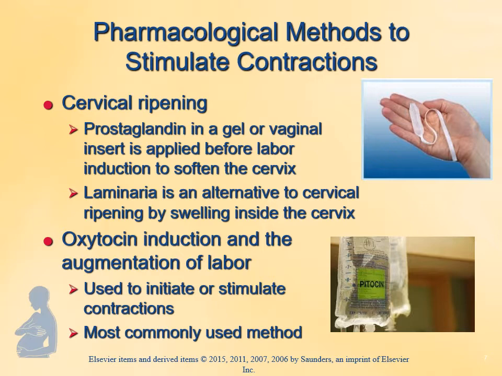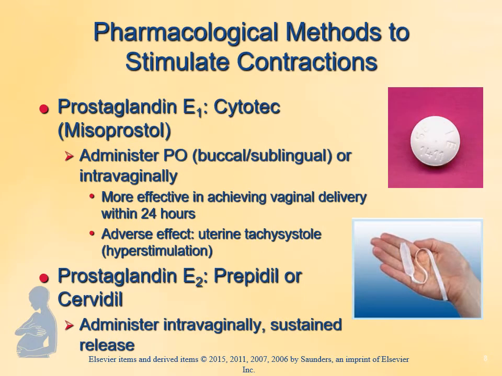After it's been in for about 12 hours. There is another prostaglandin that we use called Cytotec. It's a slightly different form. It comes in a pill. Its other name is misoprostol. This could be administered by mouth, or it can be administered vaginally. Typically, we use a little bit higher dose if we're going to give it orally, and we use a lesser dose if we're going to give it vaginally.